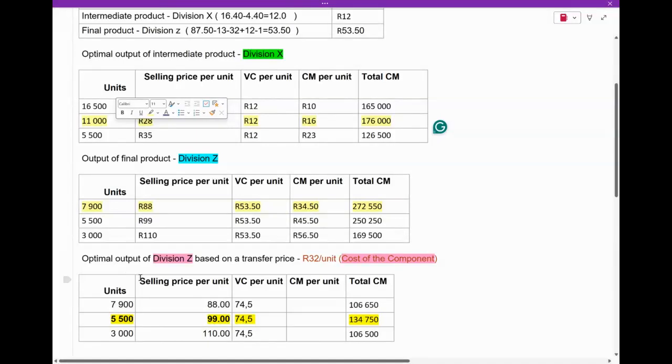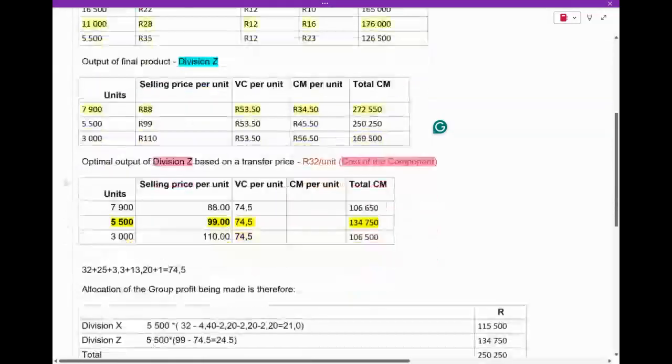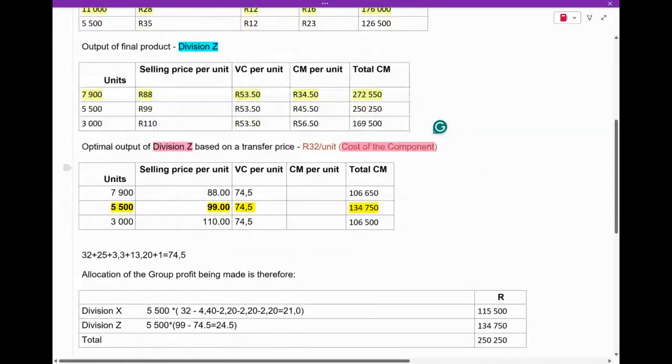what did we do? Here we're now saying the optimal output. Sorry, let me scroll up. Remember I said we would come back to see what division Z is actually paying currently, right? So we know they are paying 32 Rand per component, isn't it?